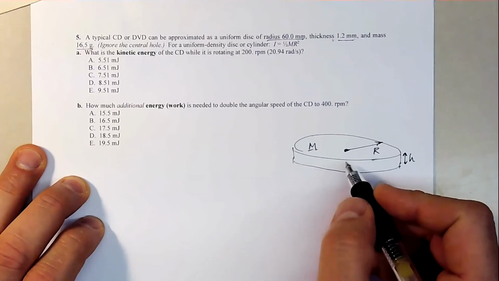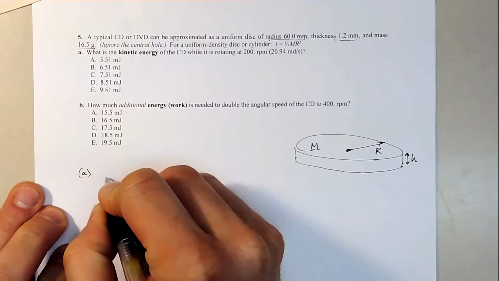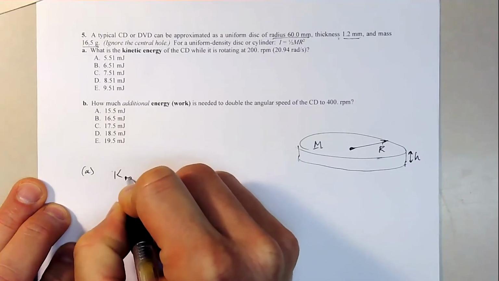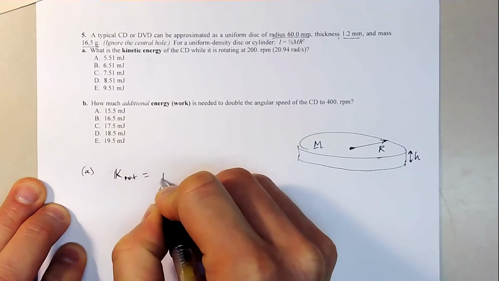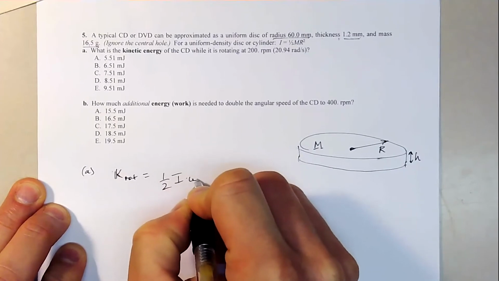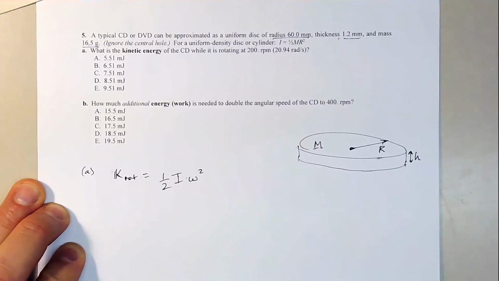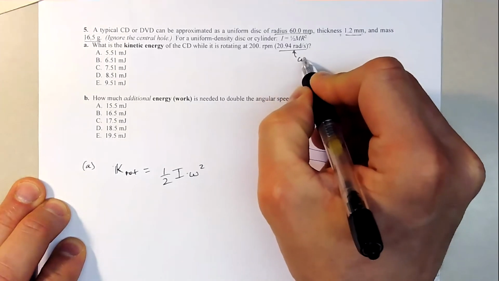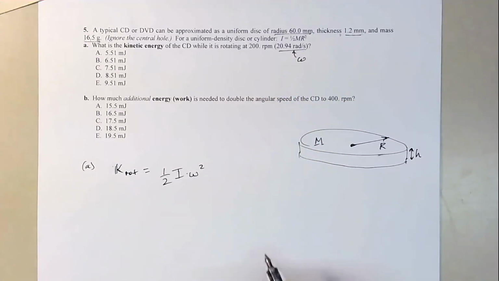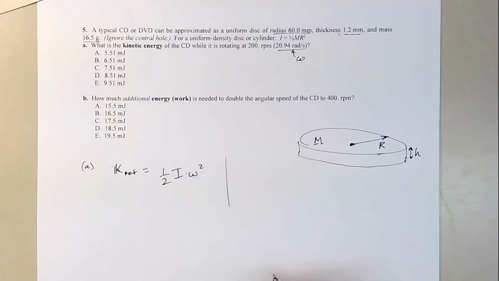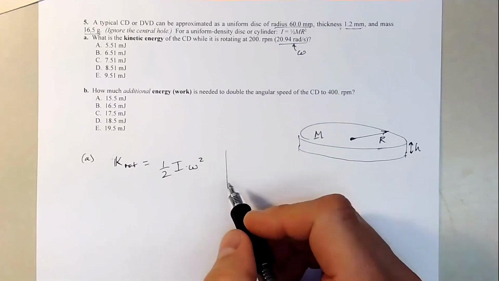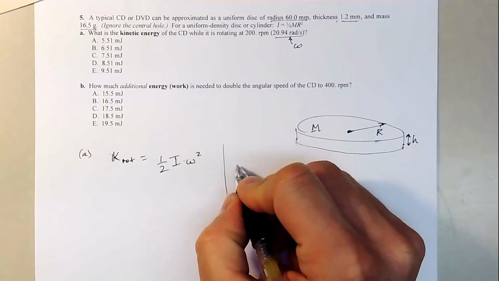We know that the rotational kinetic energy is going to be equal to 1/2 I omega squared. So omega is given, but we haven't yet solved for I. So let's calculate that first, as a separate calculation instead of substituting in the formula algebraically.